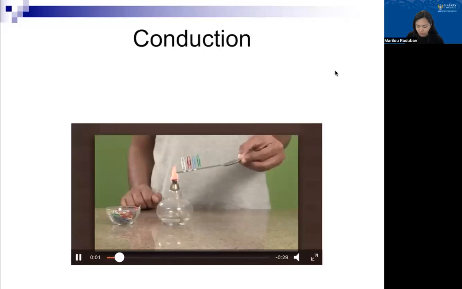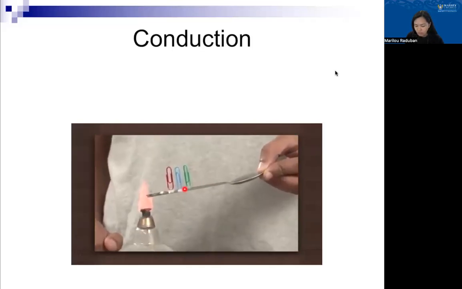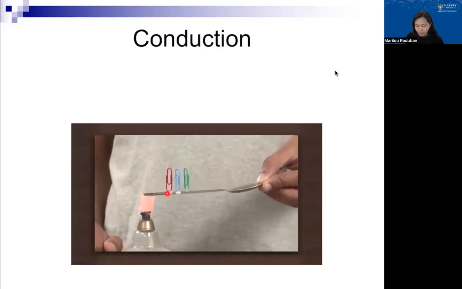Let me just repeat that. So the heat being transferred from the tip of the spoon closest to the flame, being transferred along the length of the spoon. And so as each part of the spoon heats up, the wax melts, and that causes the paper clip to fall down.